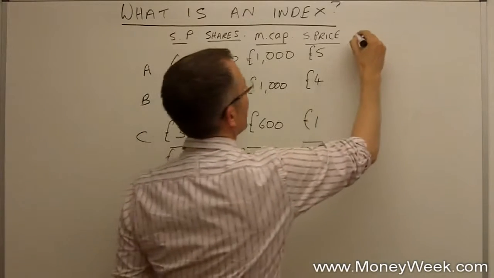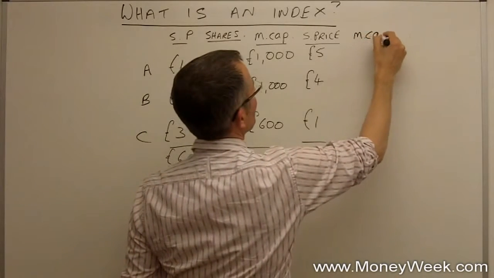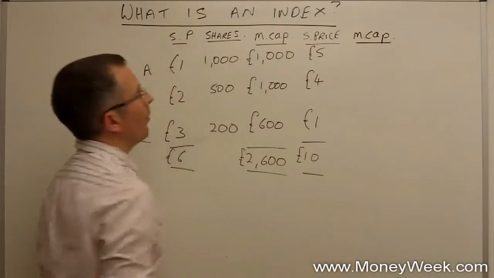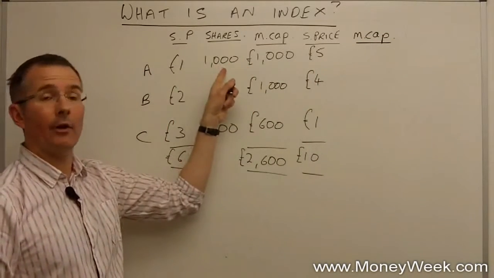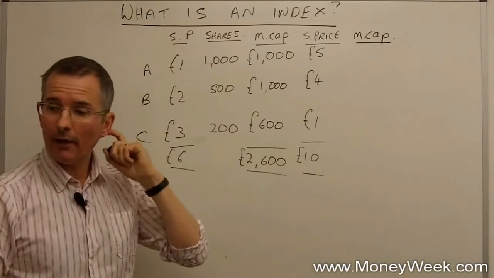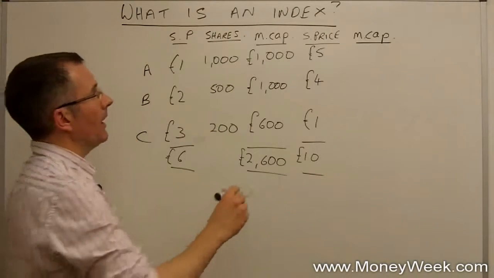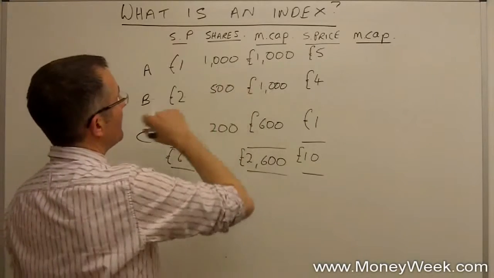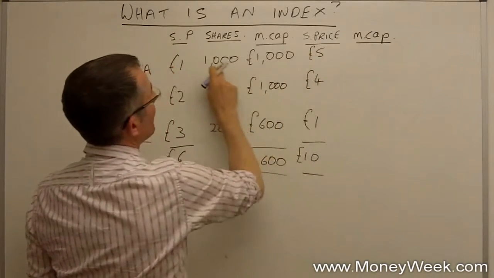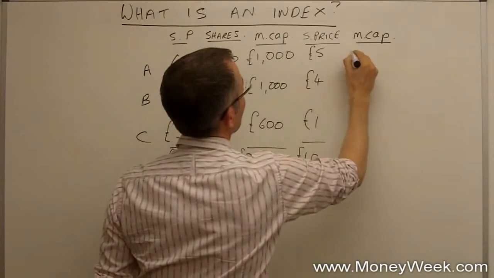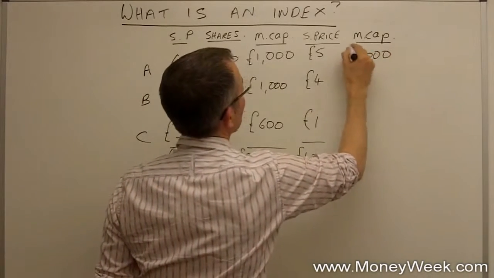And the revised market capitalisations. This time I'm going to take the new share prices and multiply by the number of shares still in issue. Nothing much has changed there. So let's do that. 1,000 times 5, so the new market capitalisation for company A is £5,000.